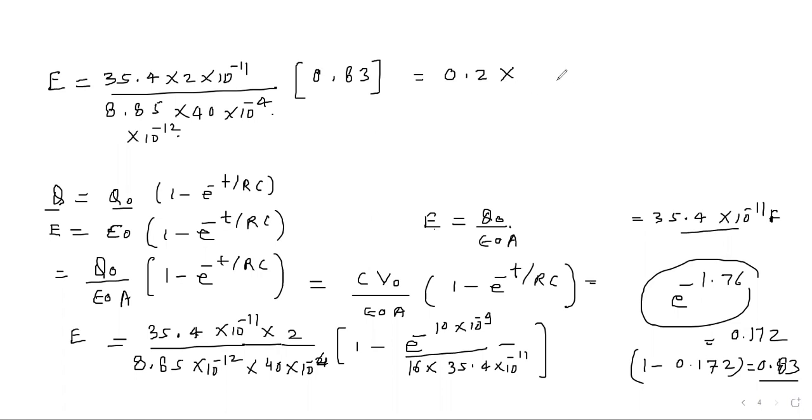So that will give 10 to the power 5, and division of these two, 35.4 into 2 divided by 8.85 into 40, will give 0.2 into 10 to the power 5 into 0.83. So this will become 0.166 into 10 to the power 5.